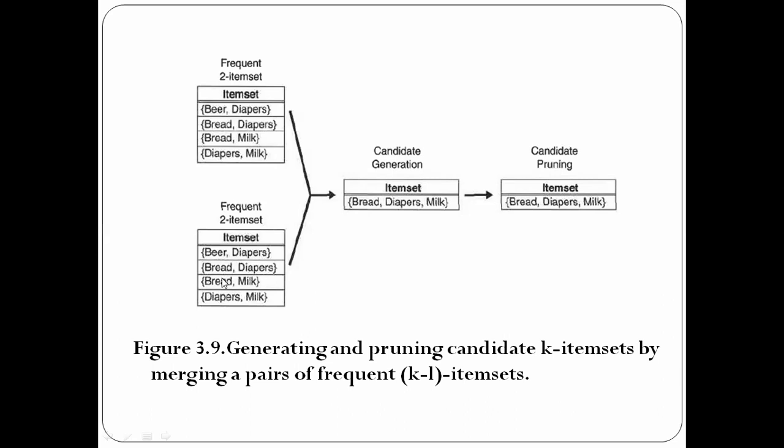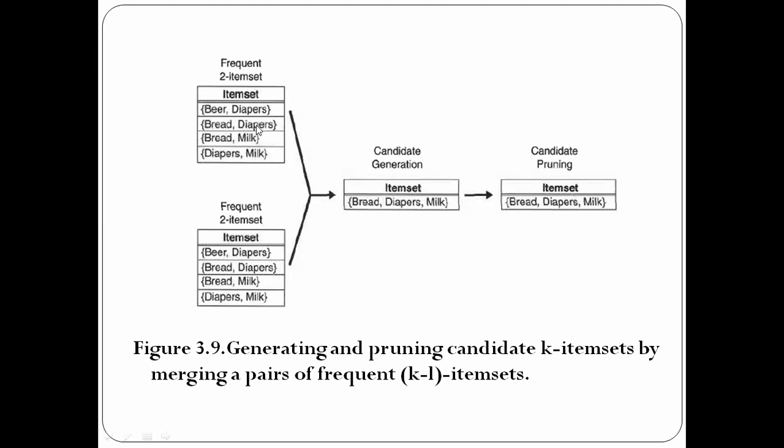So we need to compare it with the other items, but it doesn't match any of them. If you consider bread and diapers, it will match with milk here, so bread, diapers can be compared with bread, milk. Bread and bread is the same, so we can combine them and form a candidate 3 item set, that is bread, diapers, and milk.